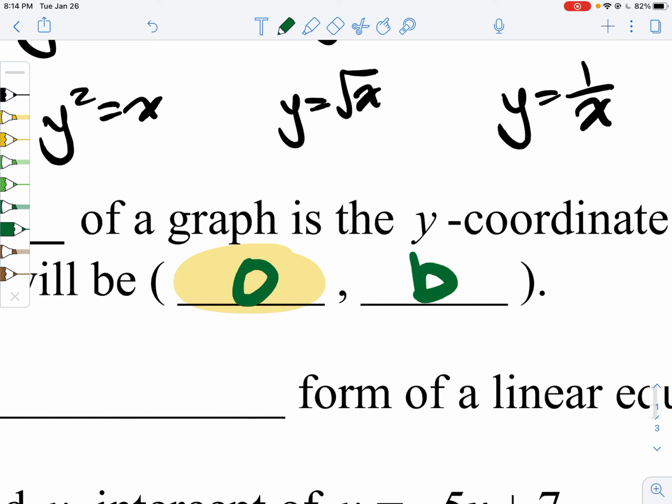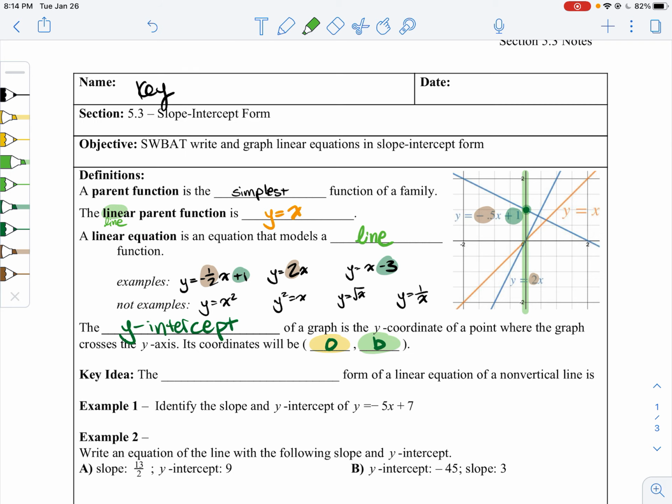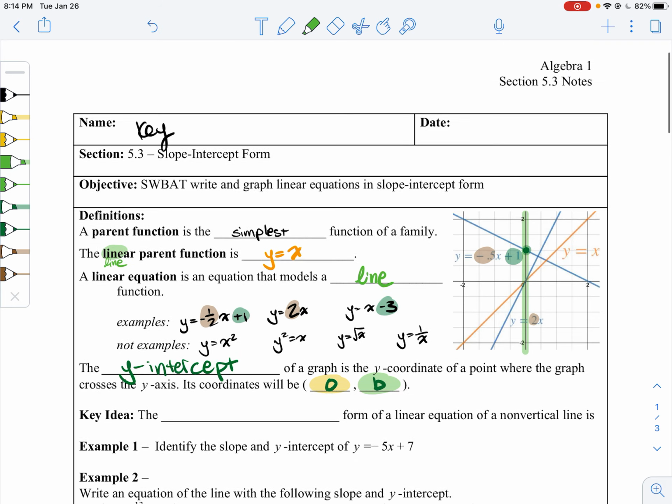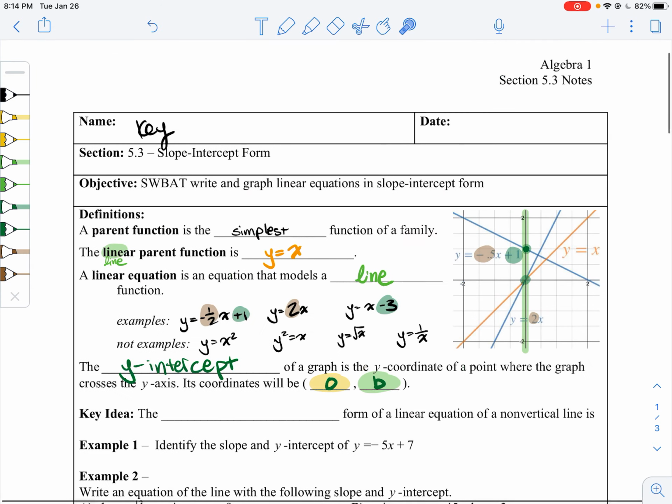It's going to be some number b, whatever that is. The y value is going to go up and down some number. We're just going to call it b. So your y-intercept is where your graph crosses the y-axis. This graph has one here, this graph has one here, this graph has one right there.